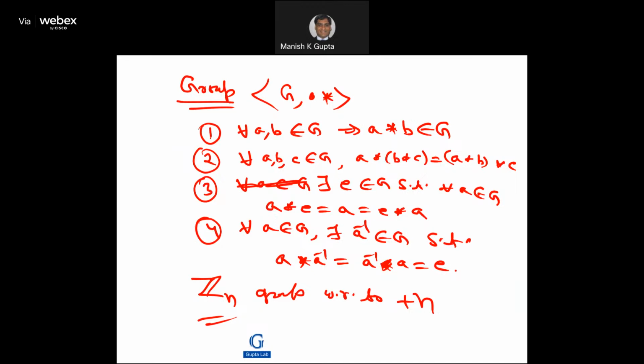So F is acting as an identity element in this configuration. Got it? You can make the table LFRB, LFRB, and fill the table, and it forms a group. So there are different ways you can think about groups. A very, very beautiful thing.